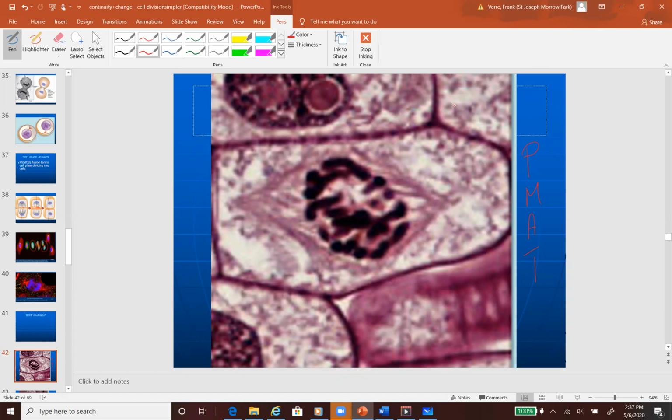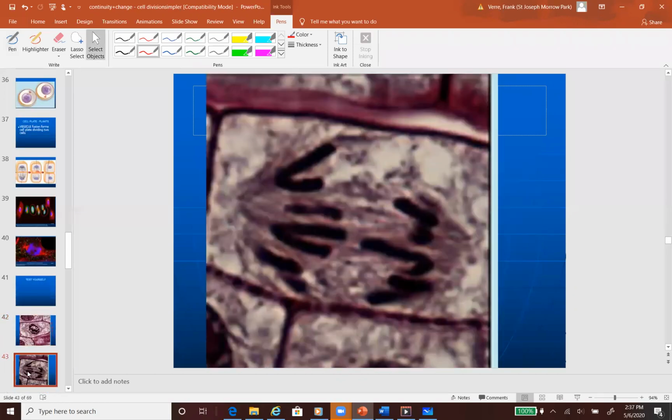So this is prophase, because you can see the chromosomes, but they're not lined up in the middle, right? And they don't look like they've completely separated. Here, this would be anaphase, because it looks like they're being pulled to either end. So that would be anaphase.